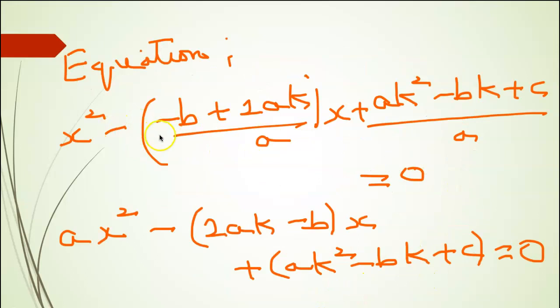So your equation will be x squared minus (2ak minus b) by a into x plus (ak squared minus bk plus c) by a equal to 0. So when you take the LCM, you get ax squared minus (2ak minus b) into x plus ak squared minus bk plus c equal to 0.